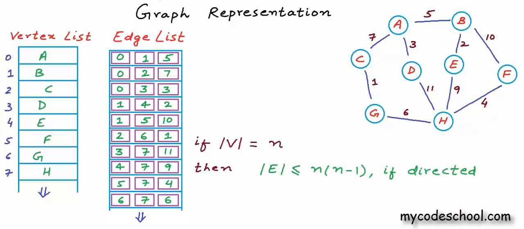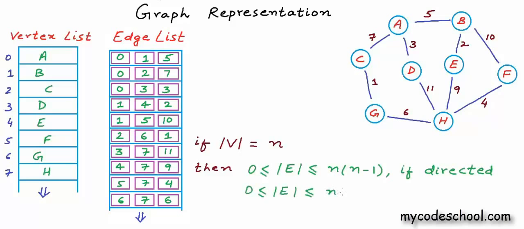Each node will be connected to every other node. And of course, minimum number of edges can be 0. We can have a graph with no edge. Maximum number of edges would be n into n minus 1 by 2 if the graph is undirected.